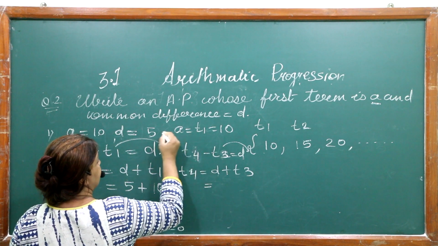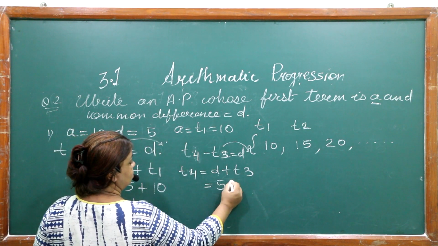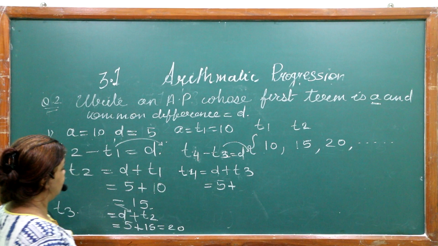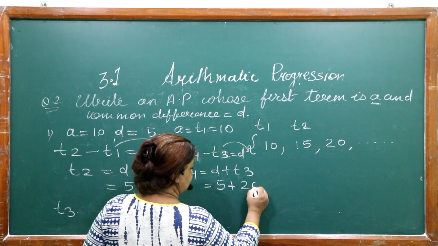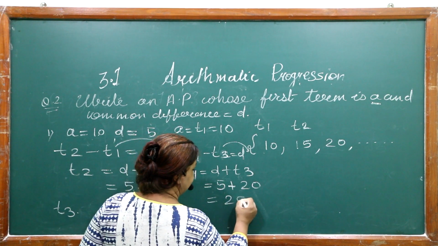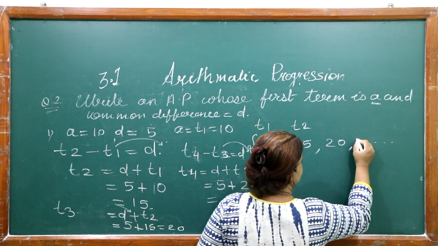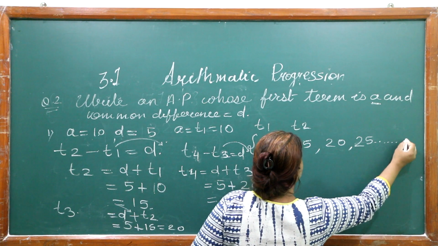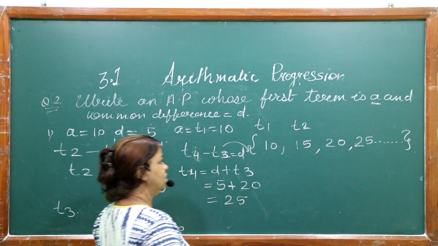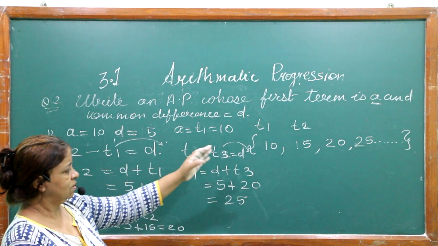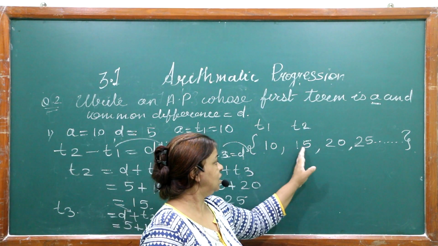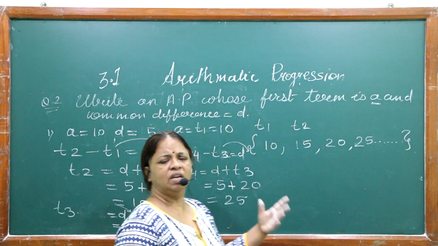D is 5 plus term 3 is 20, which is equal to 25. And I get here 25. So we should find up to 4 terms. If in the exam they are asking to find 3 terms, then up to term 3, that is term 1, term 2, term 3. If up to 4, term 4 as well.